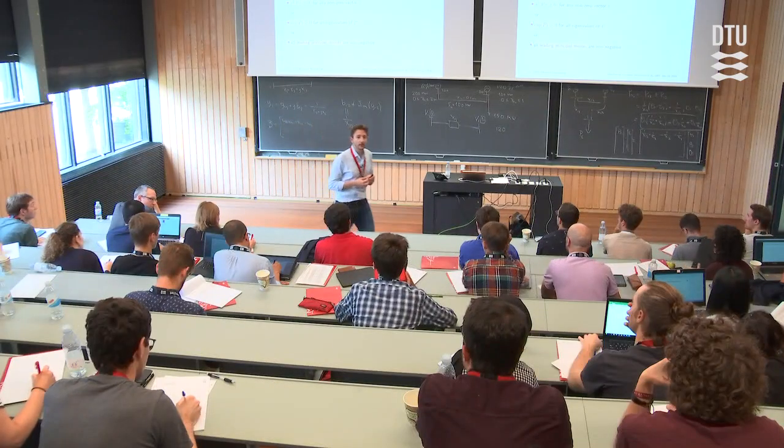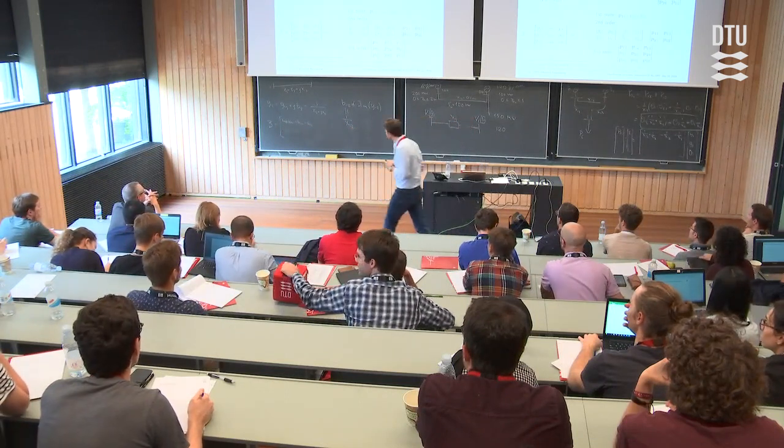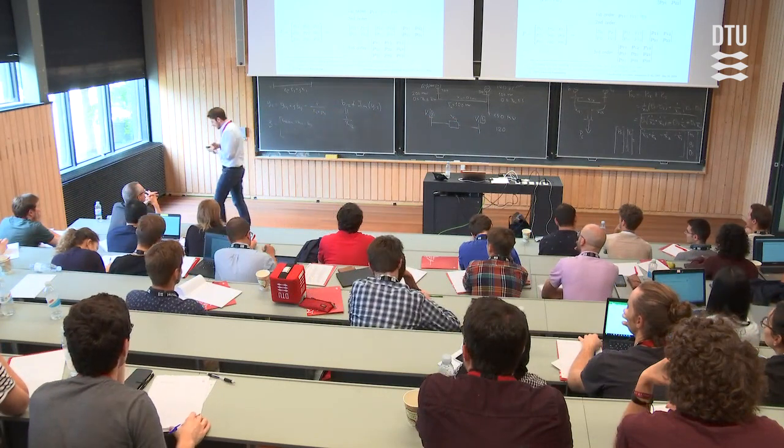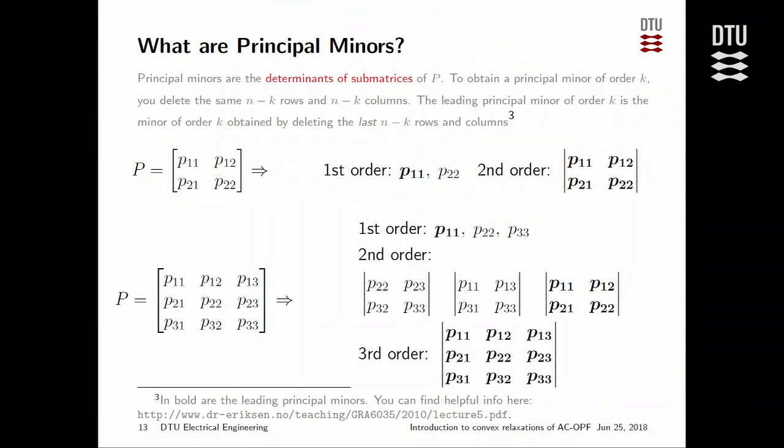Explain what the leading principal minor is. Yeah. Cool. So the leading principal minor, or the principal minor, if you want, is the determinant of submatrices of a matrix P. And you can divide that by order. So if we have a 2x2 matrix, we take the first order principal minor, we remove one column and one row, so row 1 and column 1, and we get P22.